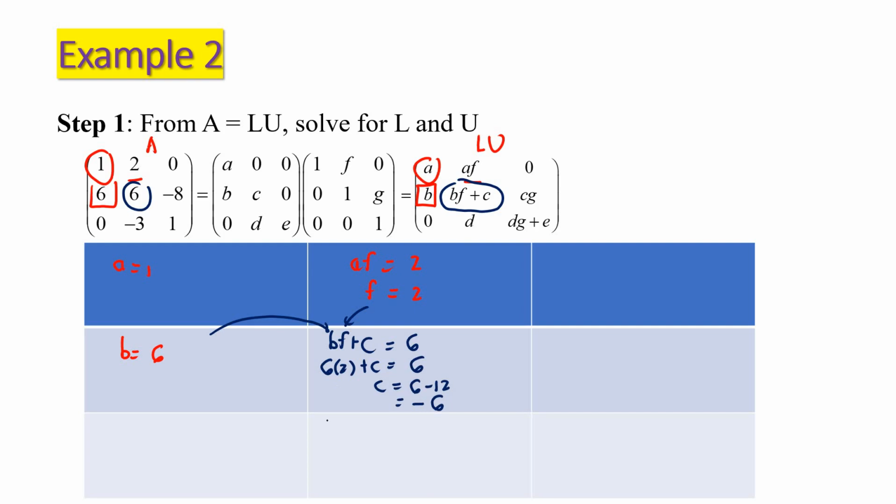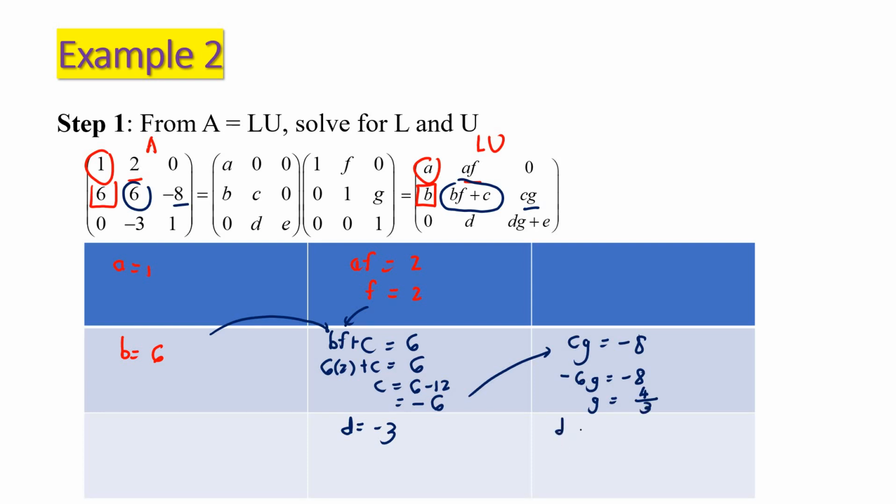Then D equals negative 3. Cell CG equals negative 8. Plug in C here: negative 6G equals negative 8, so G is 4 over 3.